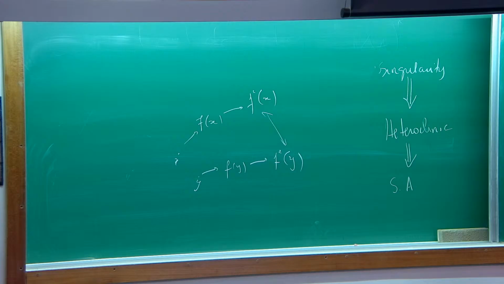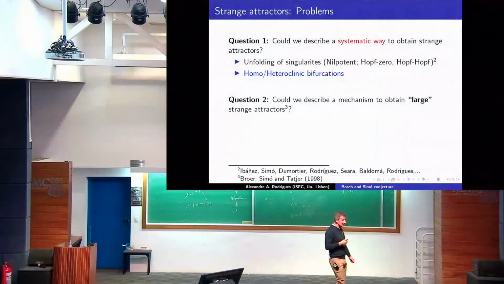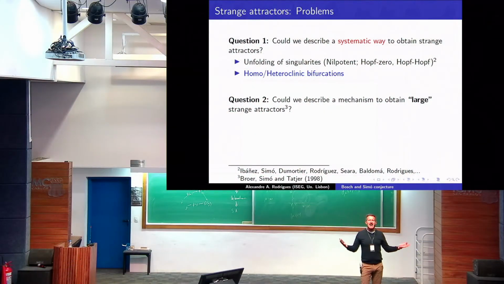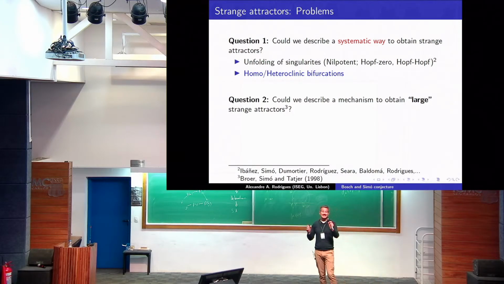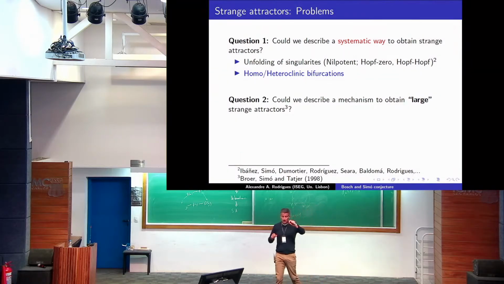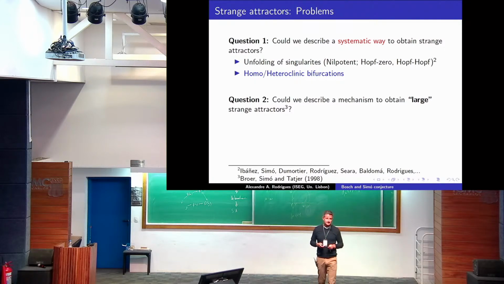And the second point is that I'm interested in mechanisms to obtain large strange attractors. But what is a large strange attractor? A large strange attractor is a strange attractor that is not confined to a small portion of phase space. It's not a pipe. And there exists a precise definition of large strange attractor by Broer, Simó, and Tatjer.